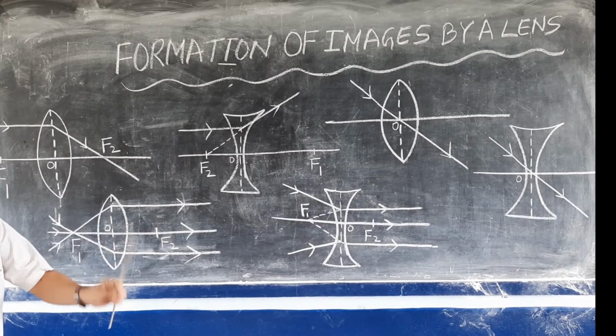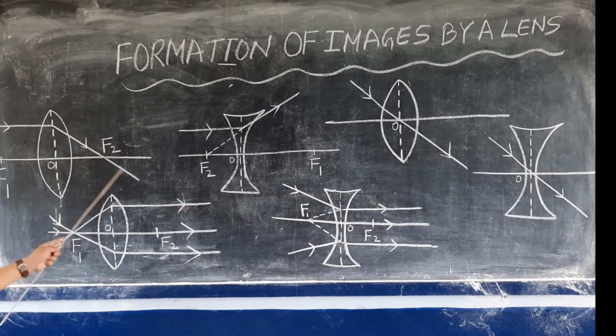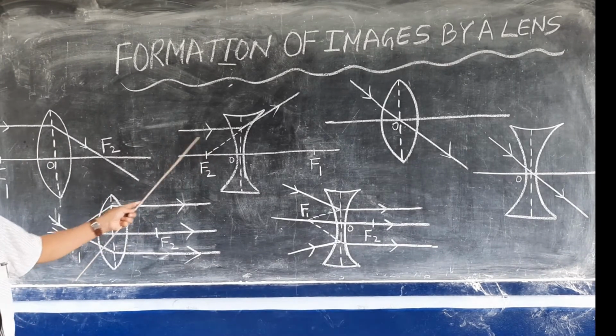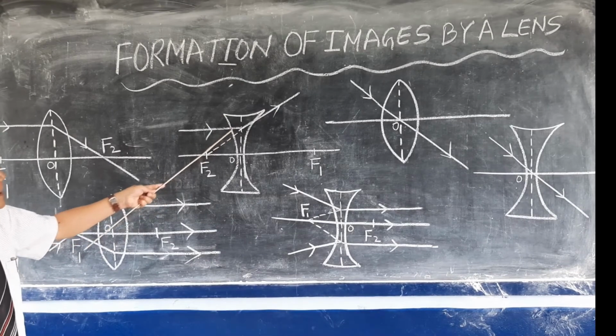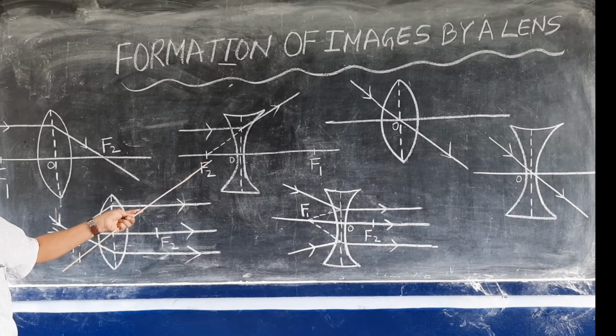That means when the ray of light is parallel to the principal axis, in a convex lens the ray passes through the second focal point. In a concave lens, a ray parallel to the principal axis appears to come from the second focal point.